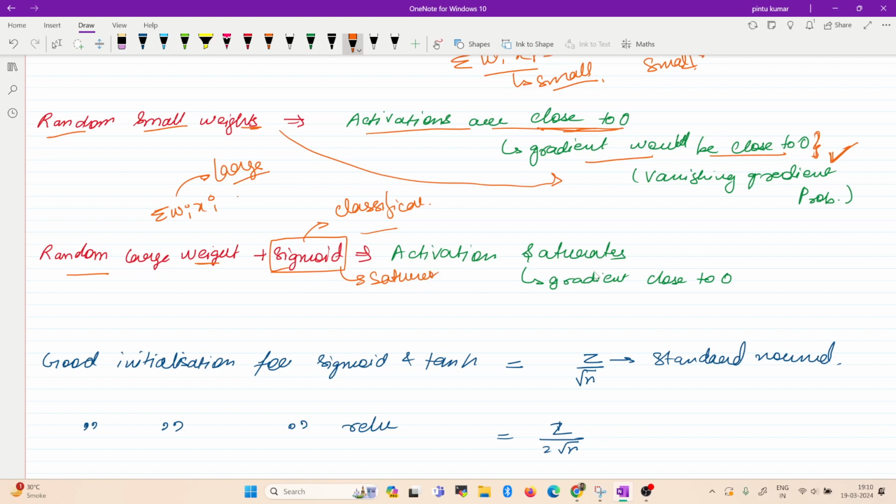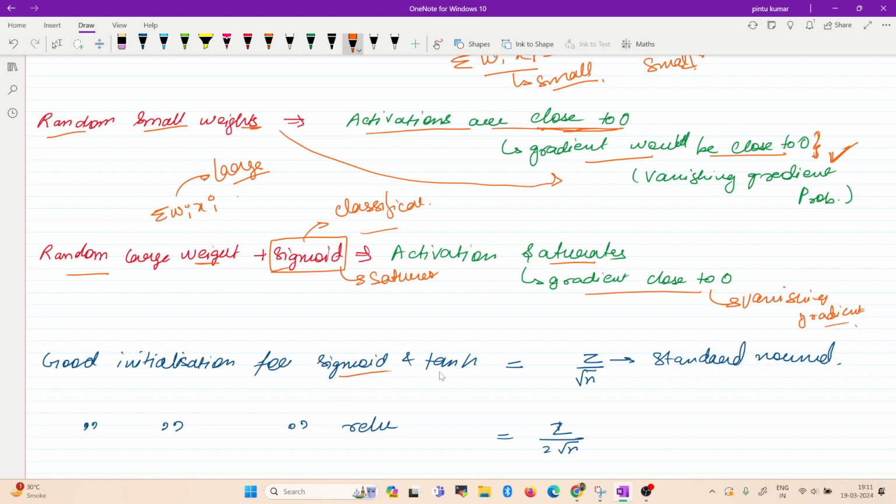Again, because of saturation, your gradient would be close to 0, and you would encounter the vanishing gradient problem. So now what to do? You can't initialize the same values, you can't initialize 0 values, you can't initialize small random weights, you can't initialize large random weights. So there is a way to go through it.